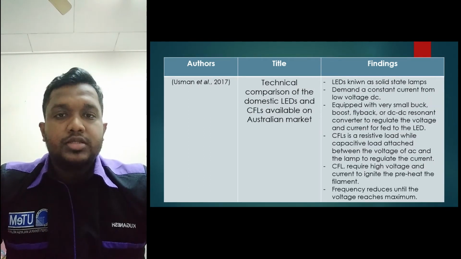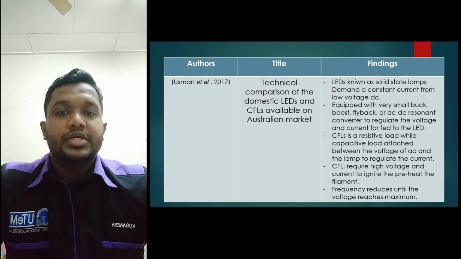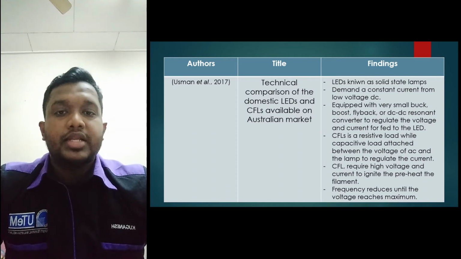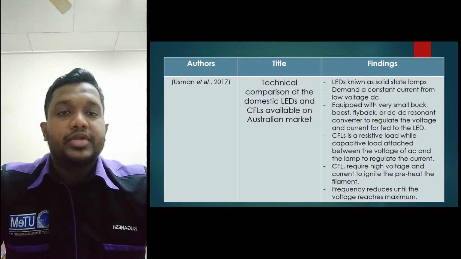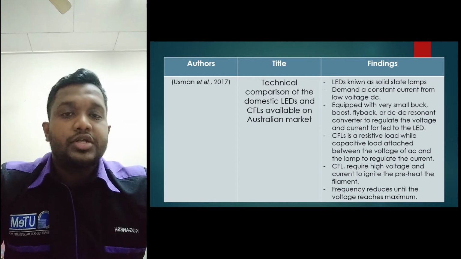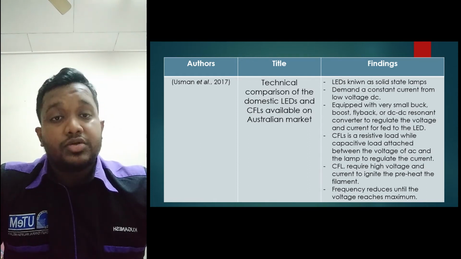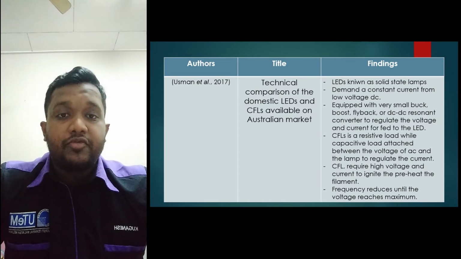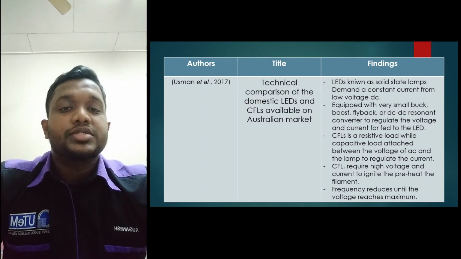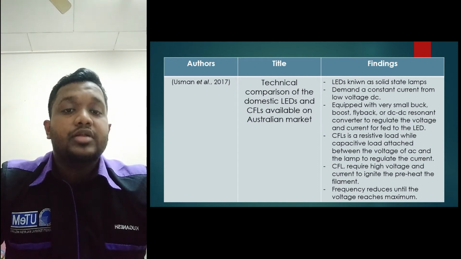Okay, followed by another literature review that I used, Technical comparison of the domestic LEDs and CFLs available on the Australian market. The author is Usman, 2017. The findings of the literature review are that LEDs, known as solid state lamps, demand constant current from a low voltage DC. It is also equipped with a very small buck, boost, flyback or DC to DC resonant converter to regulate the voltage and current fed to the LED.